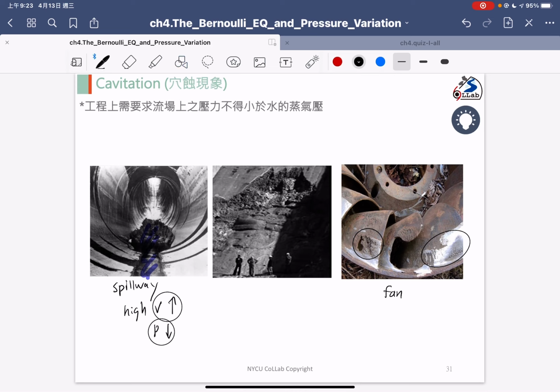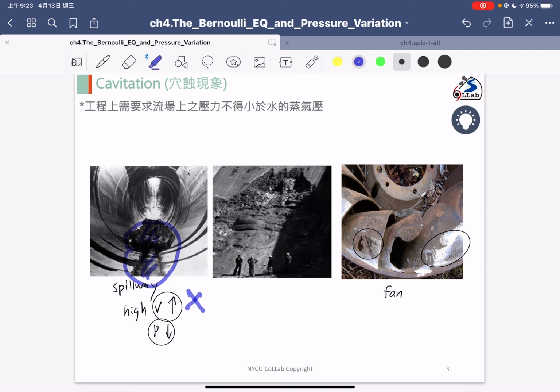So for the engineer and designer, we cannot have a higher velocity. Because if the flow velocity is too high, we will have a lower pressure condition. And the lower pressure condition will give us the cavitation problem, and with the cavitation problem, we can see some structure will be destroyed.